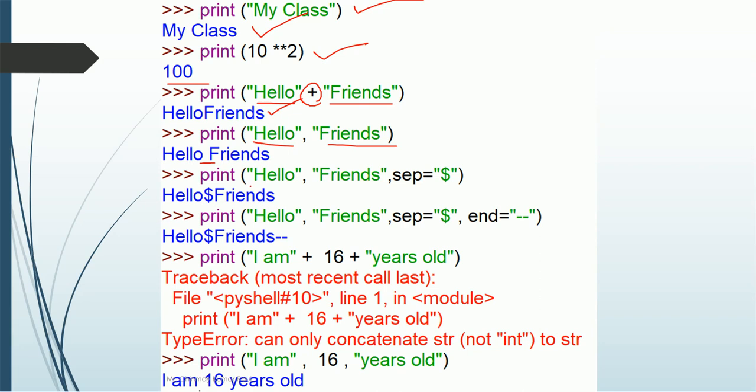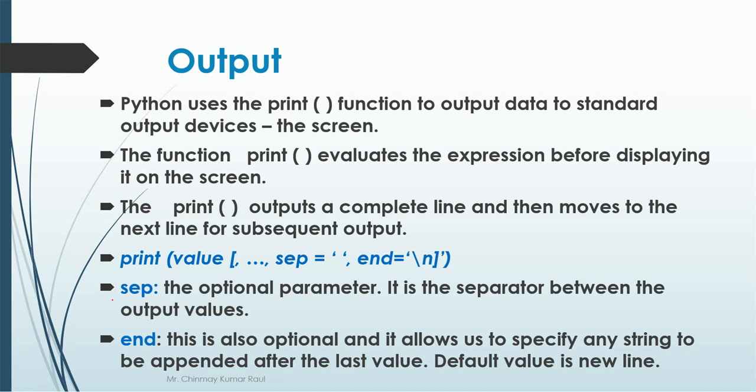Suppose I am writing hello and friends, and I am using the separator dollar. Instead of space, which is the default, the dollar will be filled in between the objects. Let's see the separator.